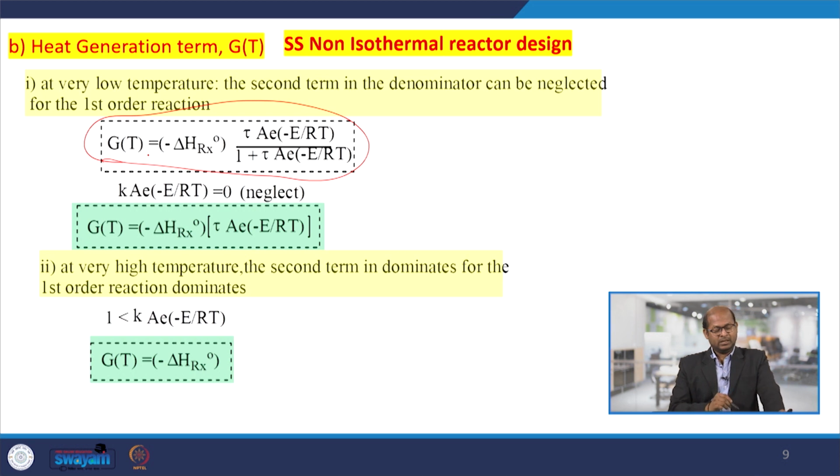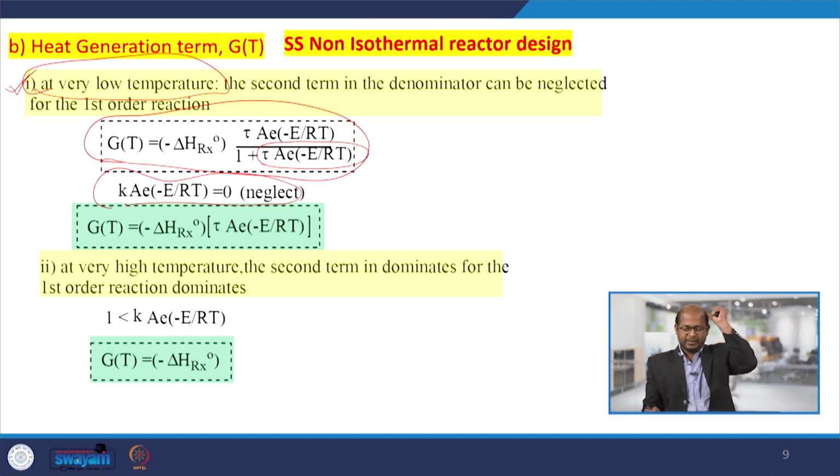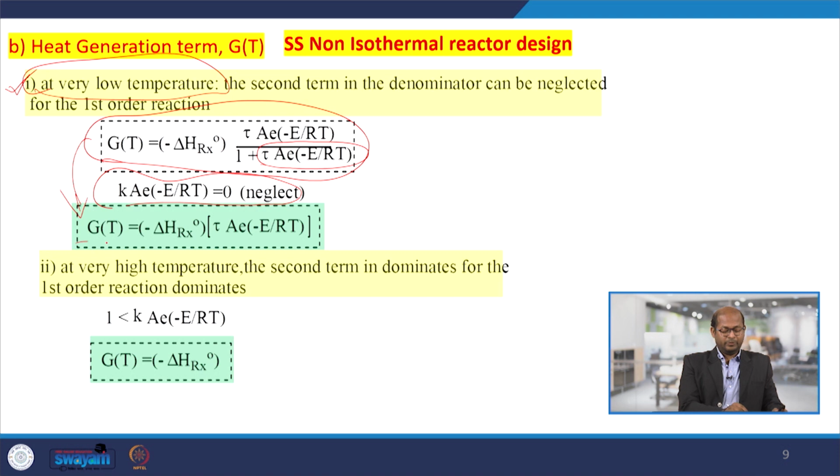Here, at very low temperatures, let us say we are conducting the reaction at very low temperature, this term we can neglect, the second term in the denominator we can neglect. So then the equation we can write this way. And when we conduct the reaction at very high temperature, the second term would be dominant, okay.